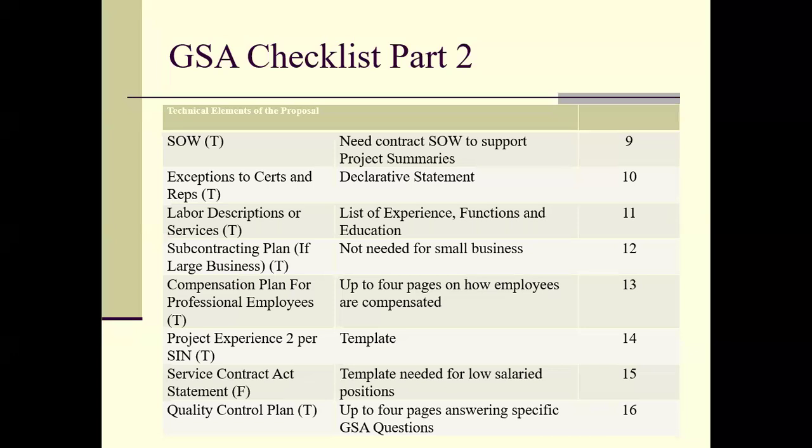A high school diploma generally is not going to be considered a professional IT certification. So if that individual has that minimal level of education, they need to have additional years of experience and additional certifications. So you're blending all of this together.